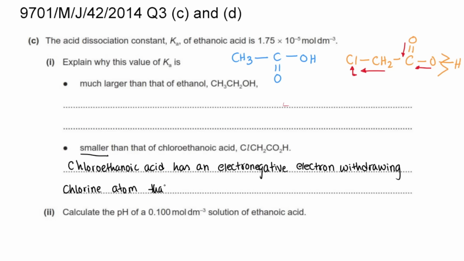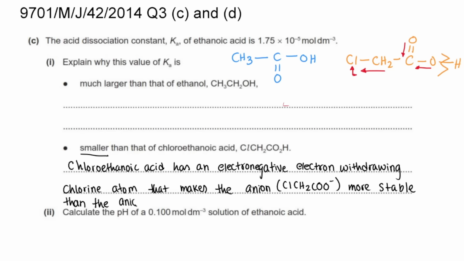That makes the anion ClCH2COO- more stable than the anion of ethanoic acid.